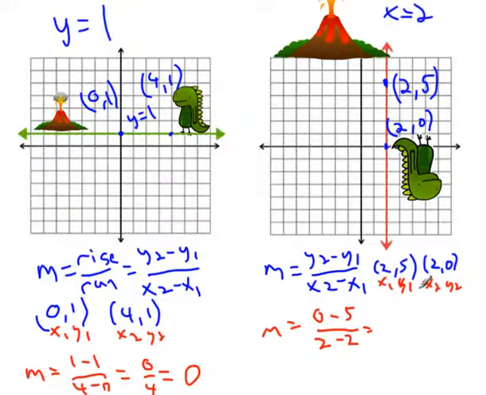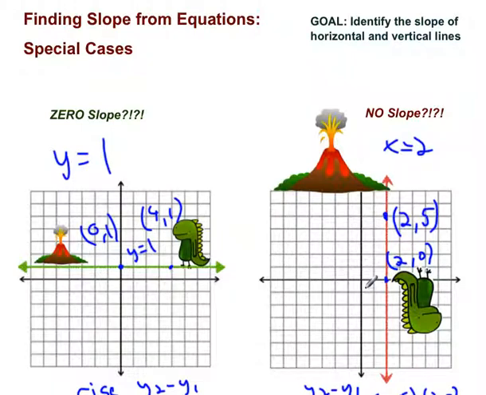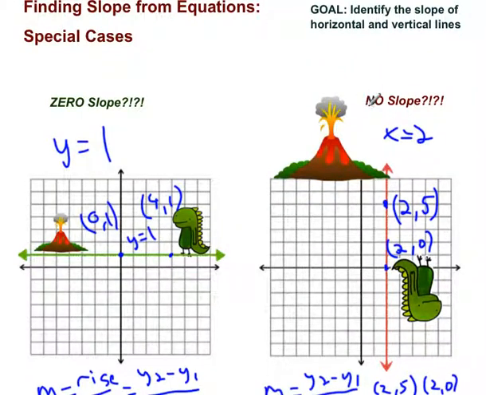Well, this will give us negative 5 on top. And what does it give us in the denominator? 0. Well, what happens when you divide anything by 0? You can't do it. It's undefined. That equals undefined, right? You're not allowed to divide by 0. So in this case, we say we have an undefined slope, or we have no slope.